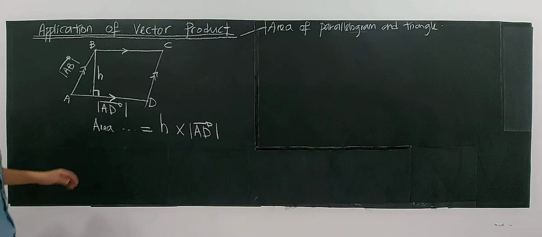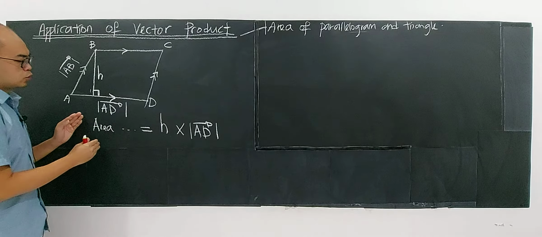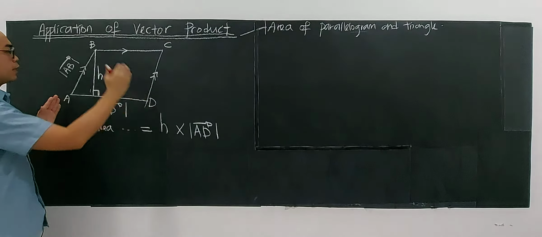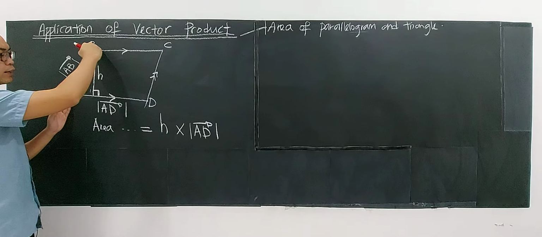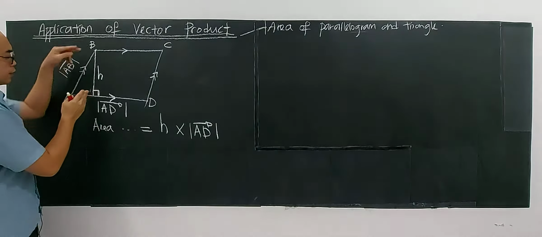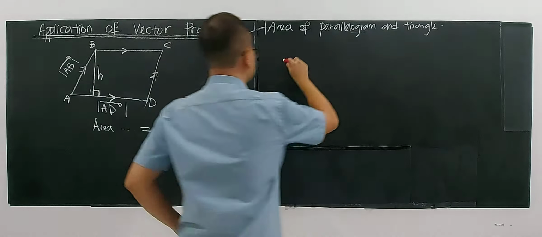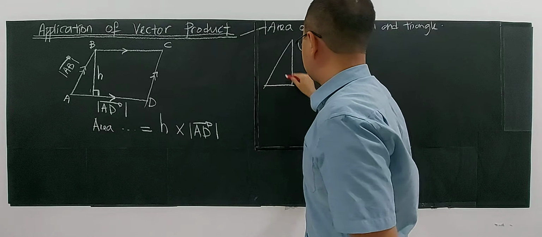Very simple. Look at this AD, and this is BC, AB, and this is H. I'm going to draw out this triangle here.